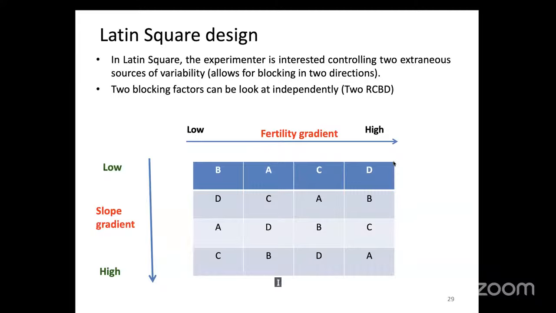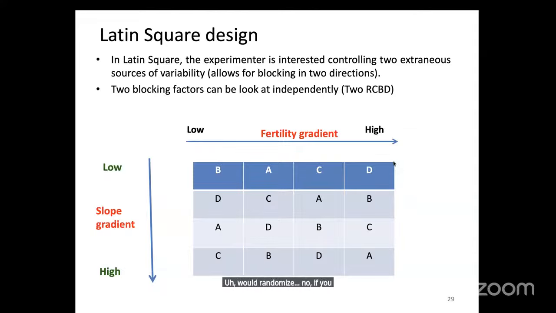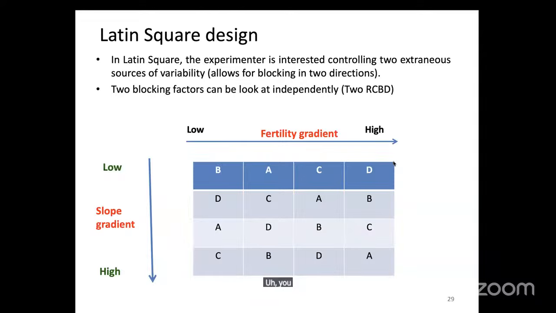If one researcher requires collecting samples from farmers' fields that do not have homogeneity of variety, would randomization work? No, if you're sampling, you're more or less doing a survey. You're not doing an experiment. An experiment would necessitate that you set up, and you have a lot more control.